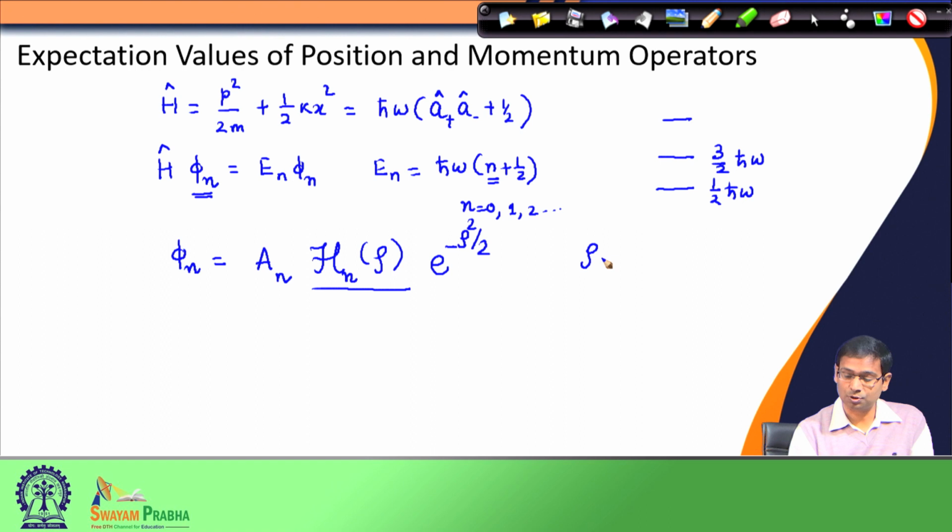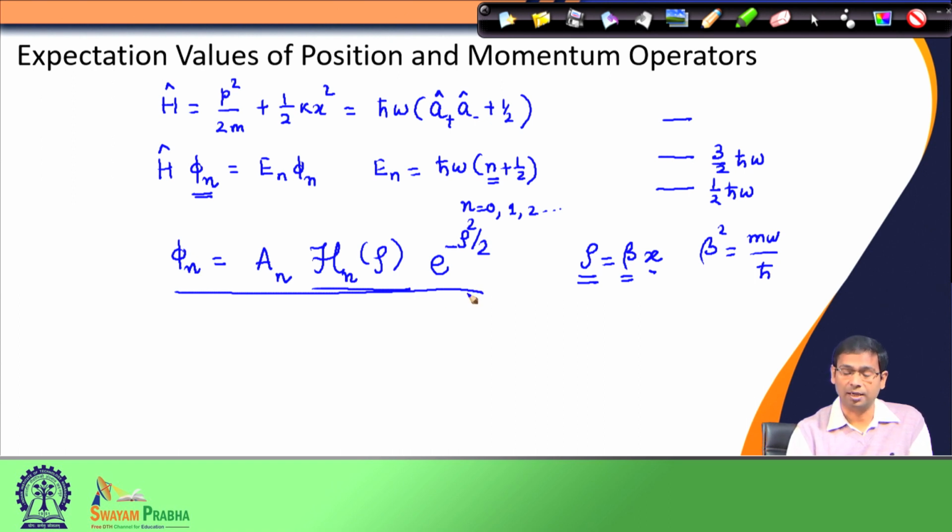If you remember, we defined this rho as the dimensionless coordinate, which is simply the multiplication of beta and x, where beta square is m omega divided by h bar, where m is the mass of the oscillator, omega is its angular frequency, and h bar is the Planck's constant divided by 2 pi.